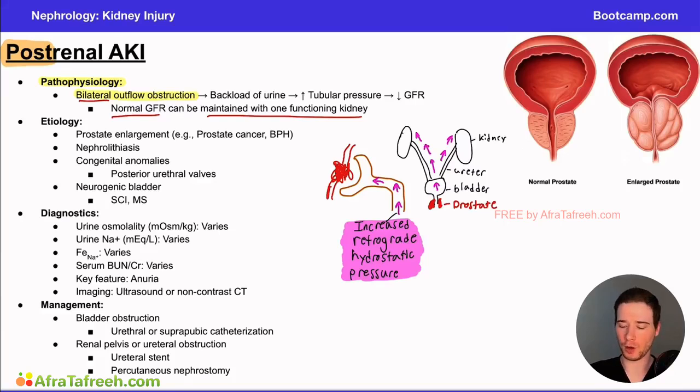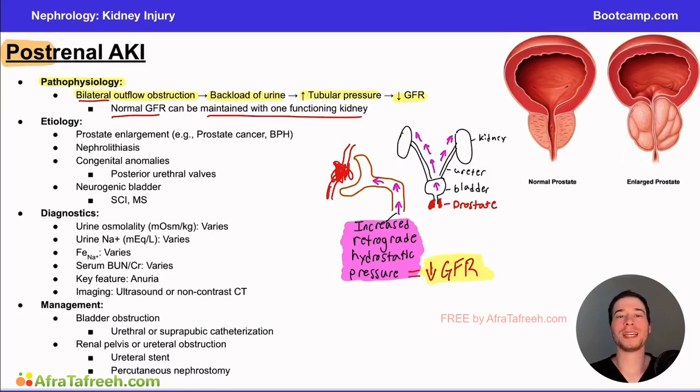So normally our GFR is trying to come this way as stuff is filtered at the glomerulus, but now we have a counteracting pressure that's going the opposite direction. And what's this effect going to be on GFR overall? Well, it's going to decrease our GFR overall. That is to say, this backload of urine increases our tubular pressure, decreasing our GFR, which we're seeing down here. Now, that is why these things occur.